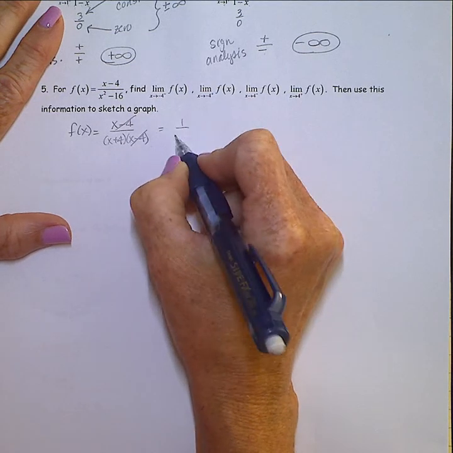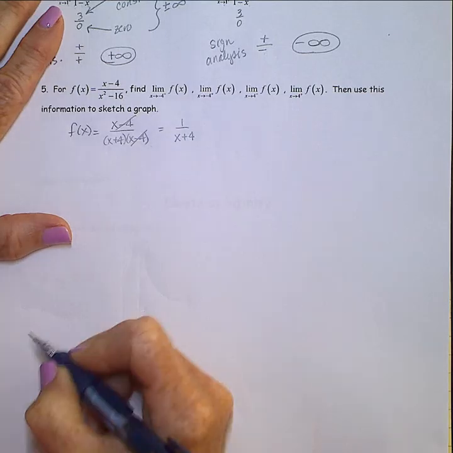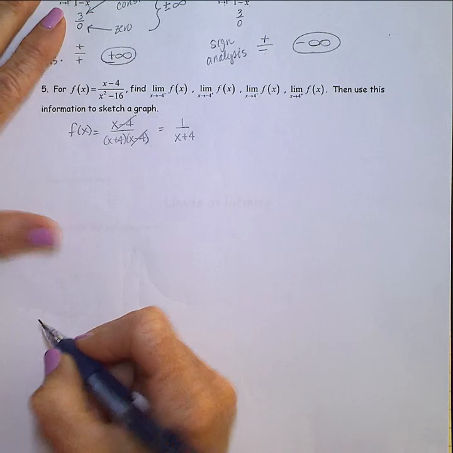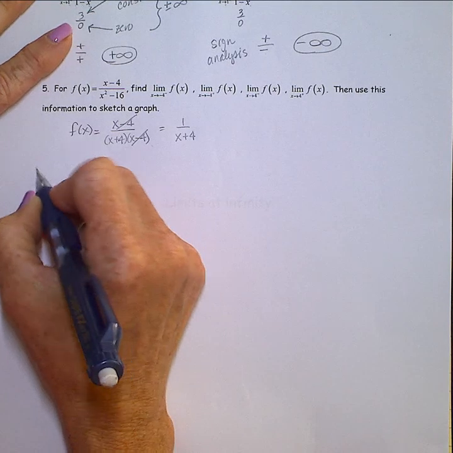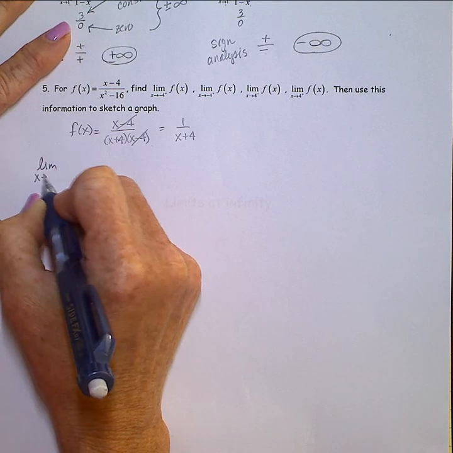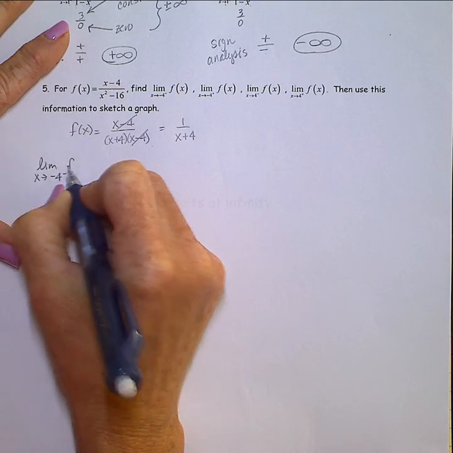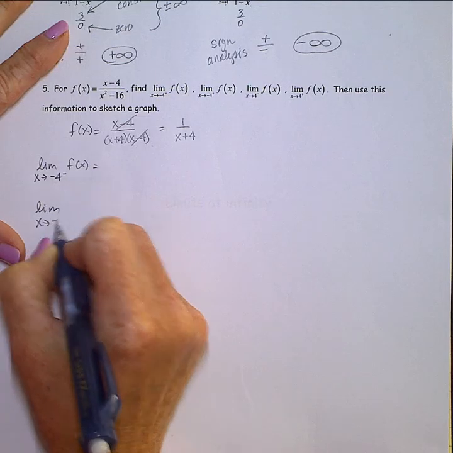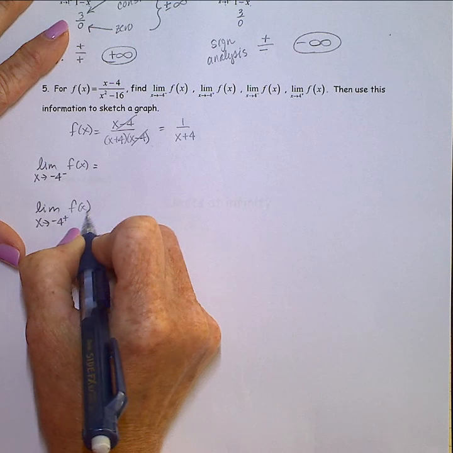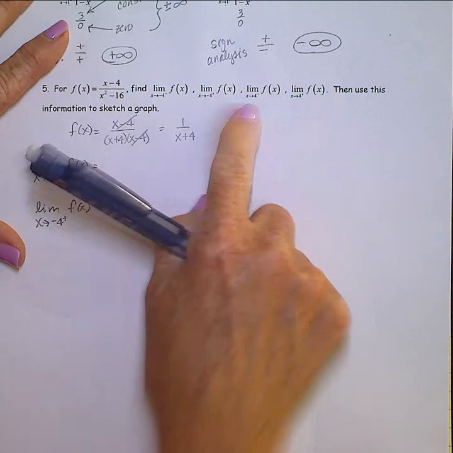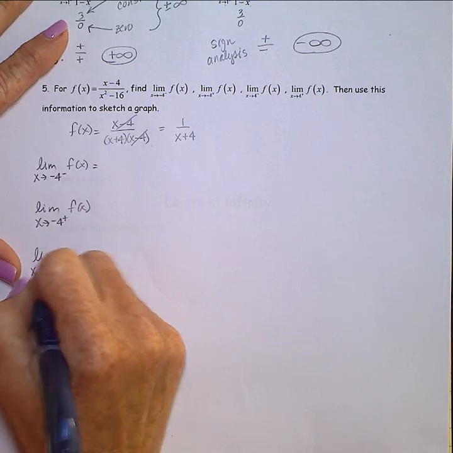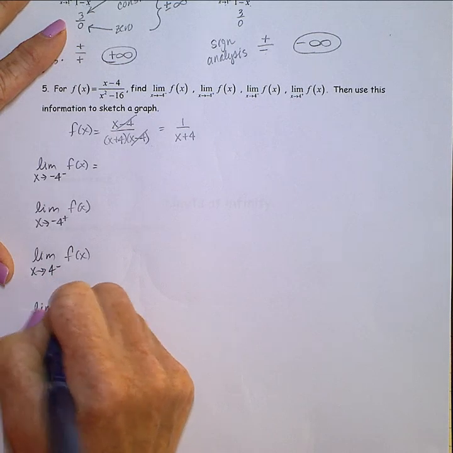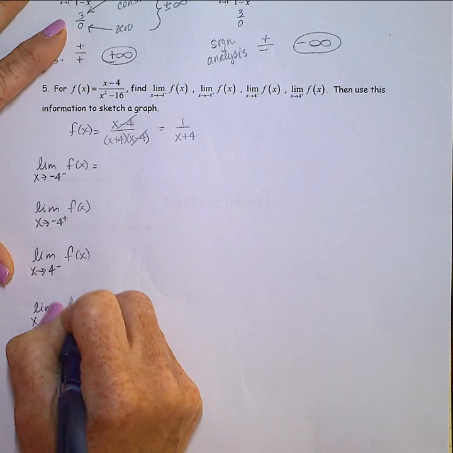We're left with 1 over x plus 4. Okay, let's find all these limits. The limit as x approaches negative 4 from the left side. The limit as x approaches negative 4 from the right. The limit as x approaches 4 from the left. And the limit as x approaches 4 from the right.